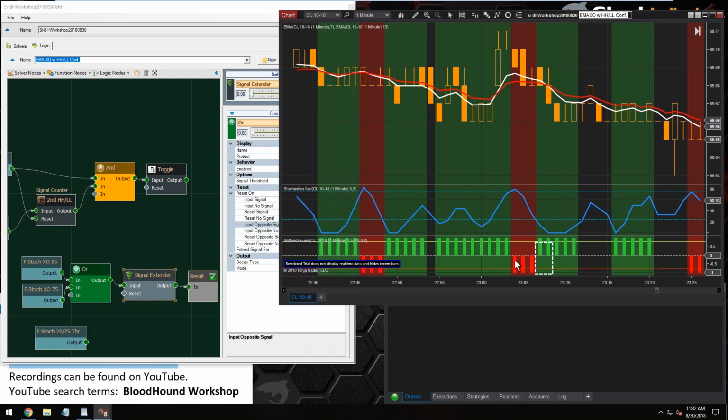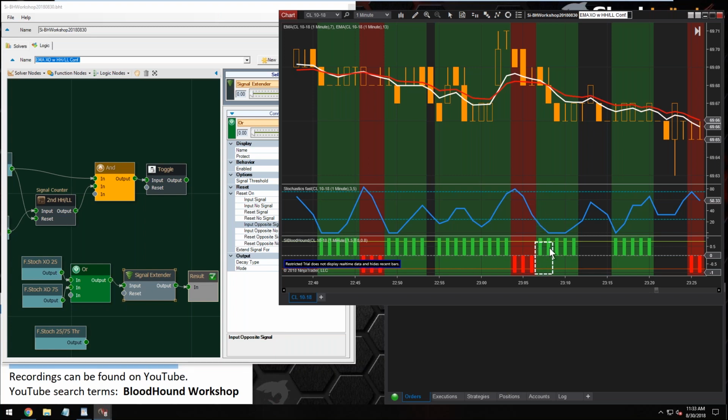And now if we look at this, we get short, short, short, and then the stochastic crosses 25, and so we only have 3 short outputs, and the others have been reset or turned off when the long condition sets itself up.